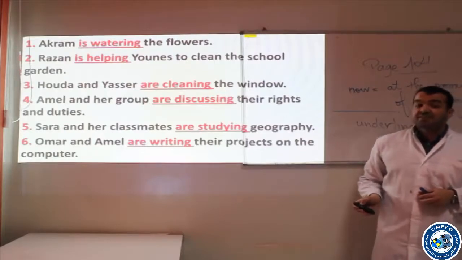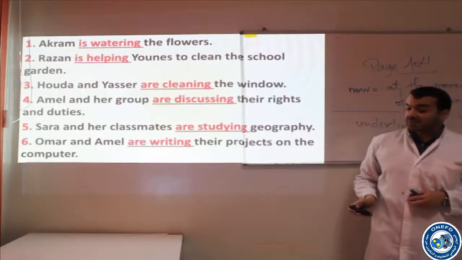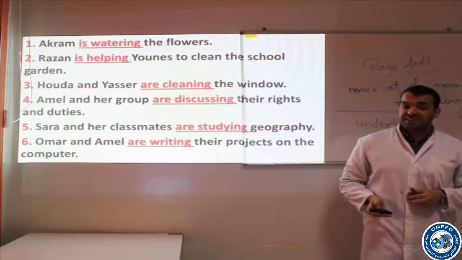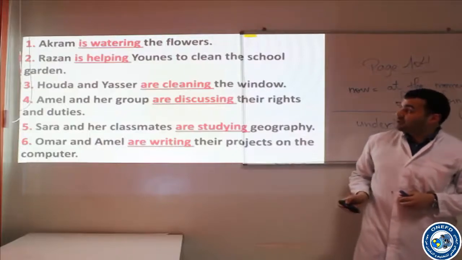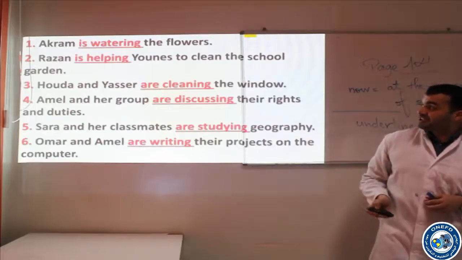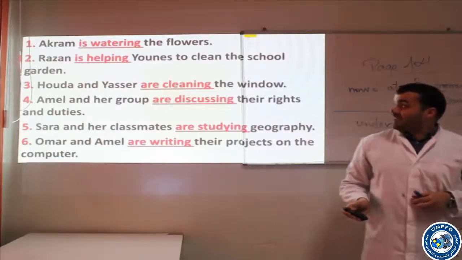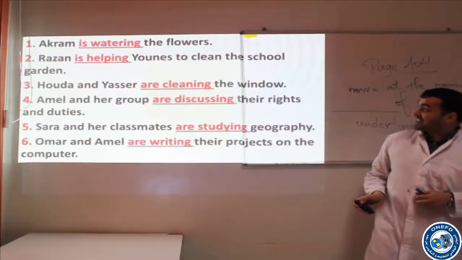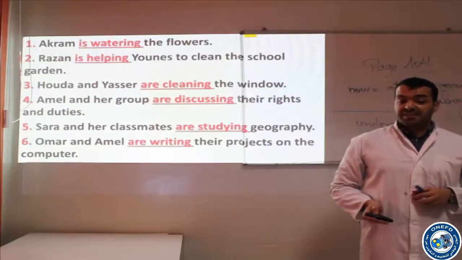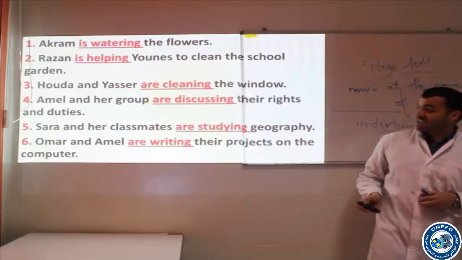The verb is helping. Wonderful. The third sentence, Huda and Yasser are cleaning the window. What is the verb? Are cleaning. Very good. Number 4, Amal and her group are discussing their rights and duties. The verb is are discussing.